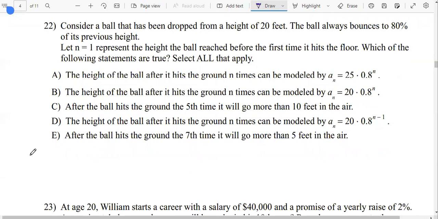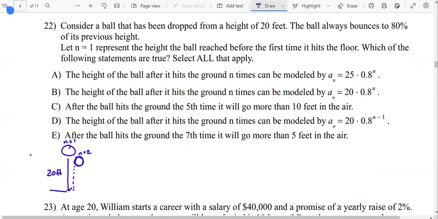All right, let's look at 22. Drop a ball from a height of 20 feet. So it's 20 feet above the ground. Here it goes. And then it's going to bounce back up. It says it bounces back up to 80% of its previous height. And n equals 1 represents the height the ball reached before the first time it hits the floor. So this is term 1.